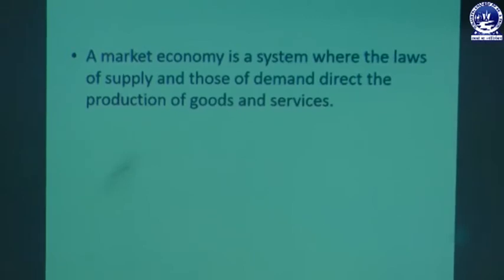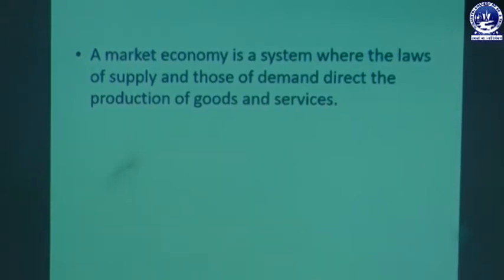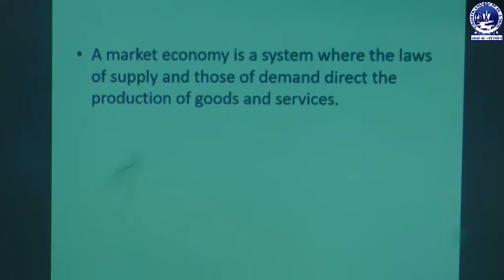Now, what are these markets specifically and how are we going to have the different categories of market? Let's have a look. A market economy is a system where the laws of supply and those of demand direct the production of goods and services. So, production and services are dependent on demand and supply, because that is what the market economy system is saying.